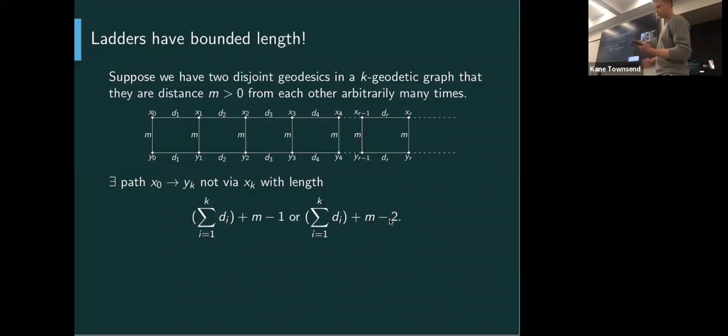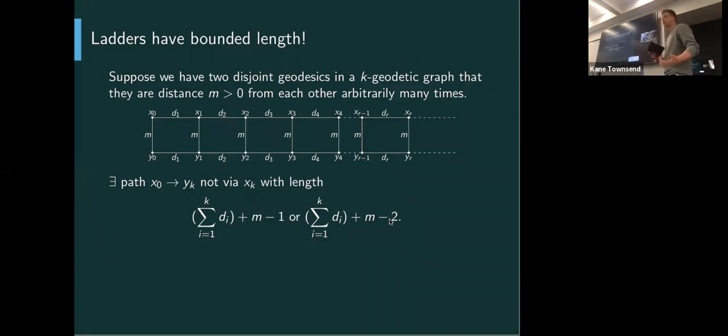So what we can do is take a path from x0 to, say, yk, and then there are k plus 1 different paths to this path within this graph that we've drawn. You could go down to y0 and then travel along, go to x1, then down to y1, and go along, and so on.